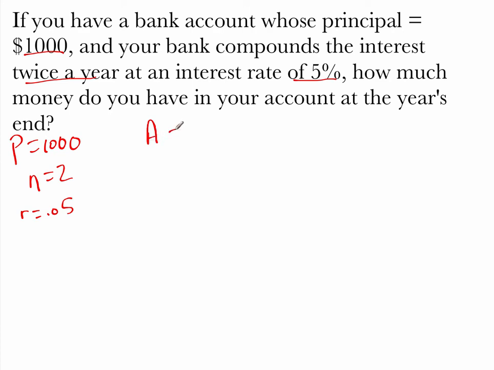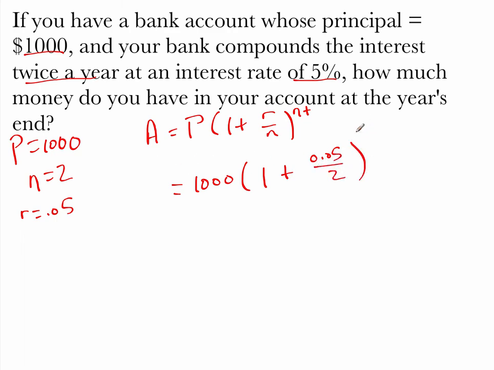So A is P times 1 plus R over N to the NT. So my principal amount is 1,000. 1 plus the rate is 0.05. N is 2. And this is to the N, which is 2. And the time is 1 year.